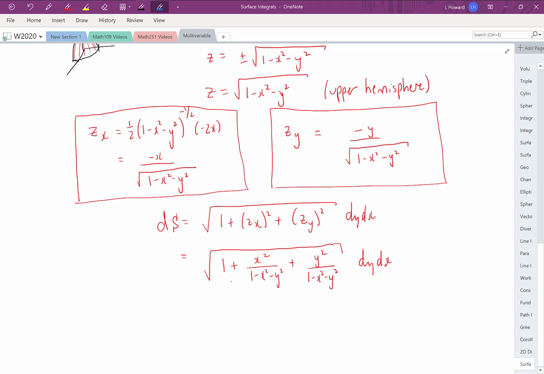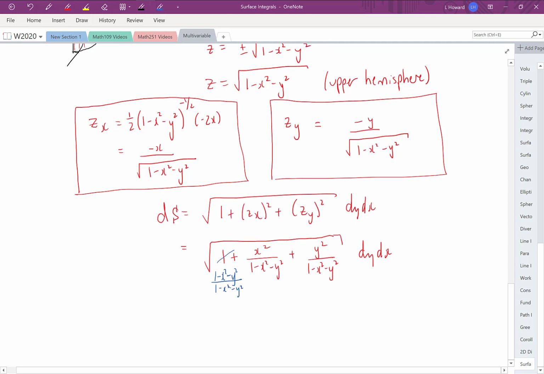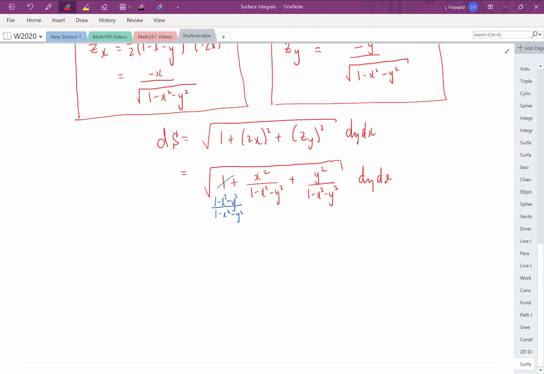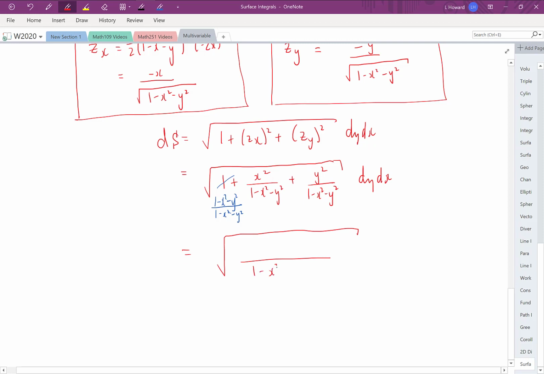In order to simplify this, let's create a common denominator under the root. Let's think of that 1 as being (1 minus x squared minus y squared) over (1 minus x squared minus y squared). That way we can put everything under that root over a common denominator. Under this root, everything's now over 1 minus x squared minus y squared, and our numerator, 1 minus x squared minus y squared plus x squared plus y squared, just becomes 1.